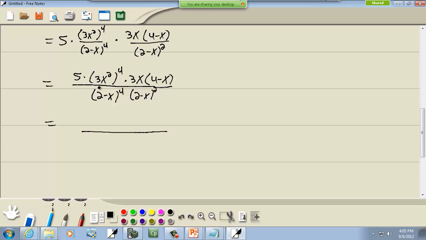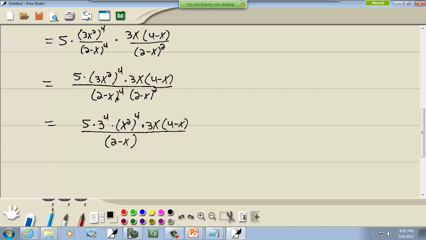Well, I'm going to go ahead and apply this fourth power to both of these. So I got 5 times 3 to the fourth times x squared to the fourth. If everything is multiplication inside of a parentheses and you're raising it to a power, you can take everything to that power. Times 3x and times 4 minus x.